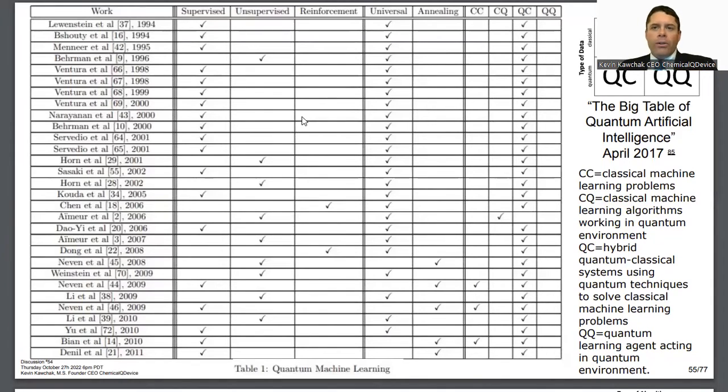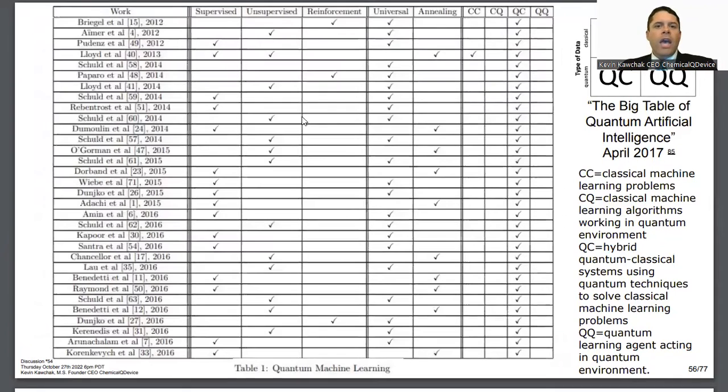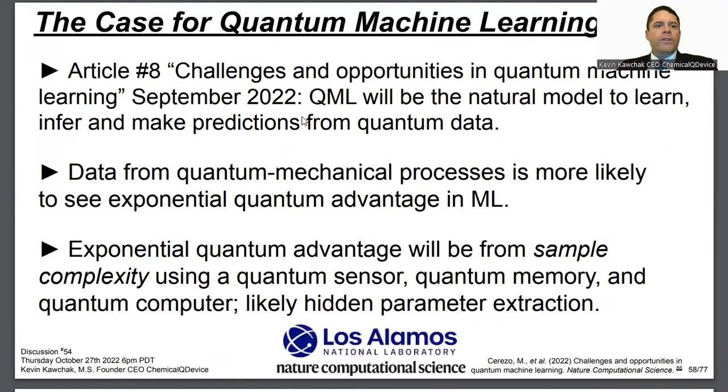It goes through all of these: CC, CQ, QC, QQ. Most of them are QC supervised. It ranged from 1994 all the way to 2016, but that's a good paper there. Now in this Article 8, I've shared this a number of times, it's challenges and opportunities in quantum machine learning.